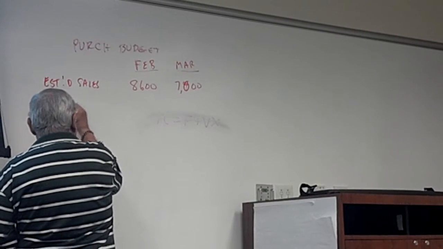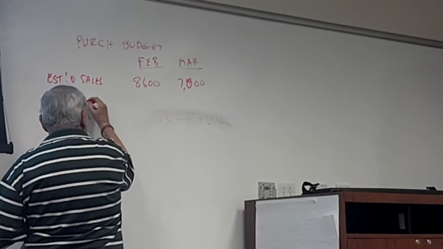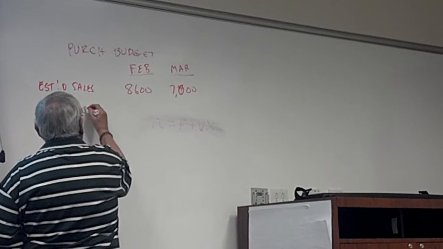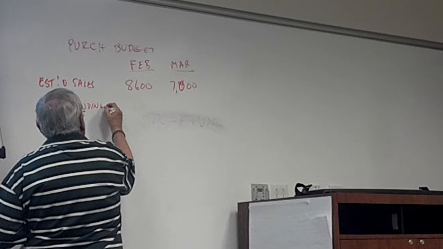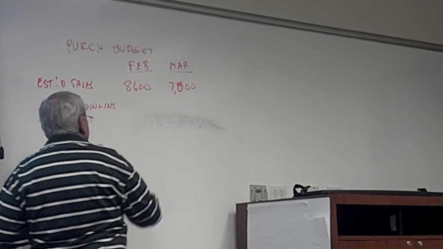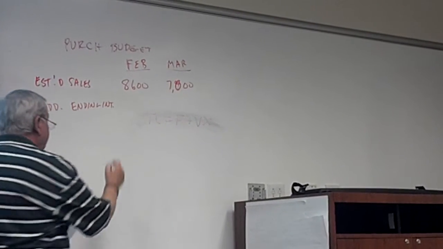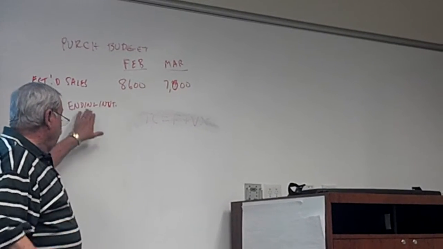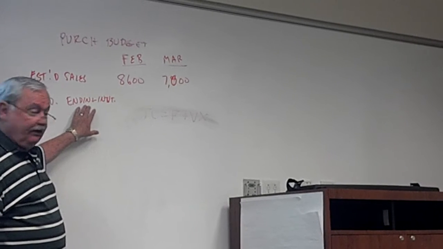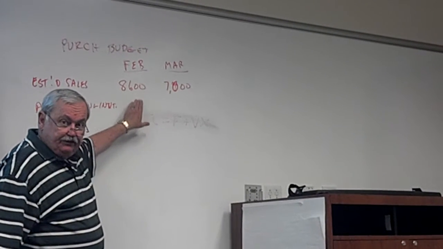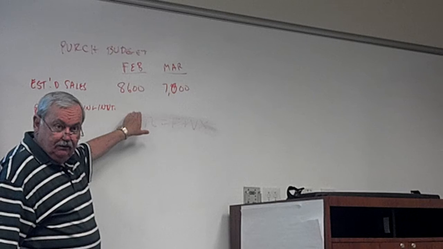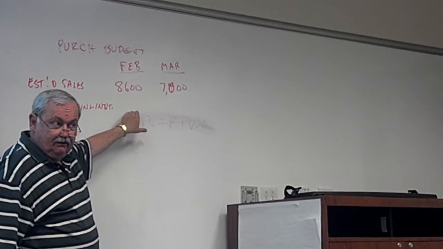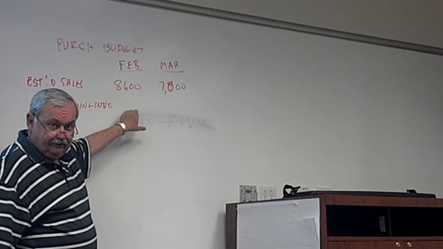So we're going to add ending inventory, INVT, and the ending inventory for February is supposed to be whatever the sales are for the following month.